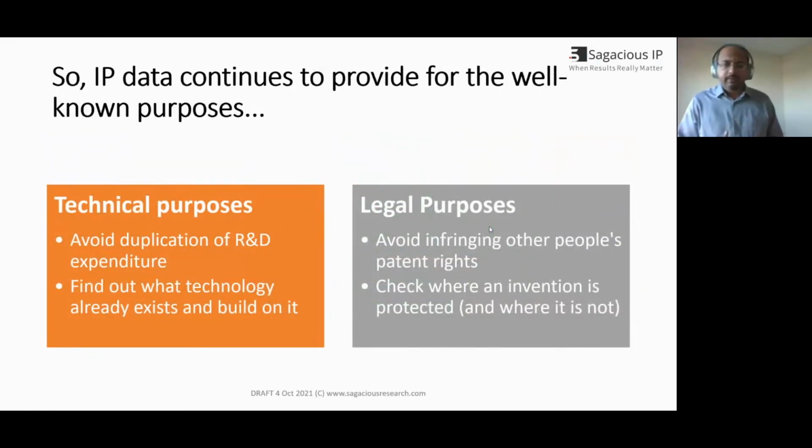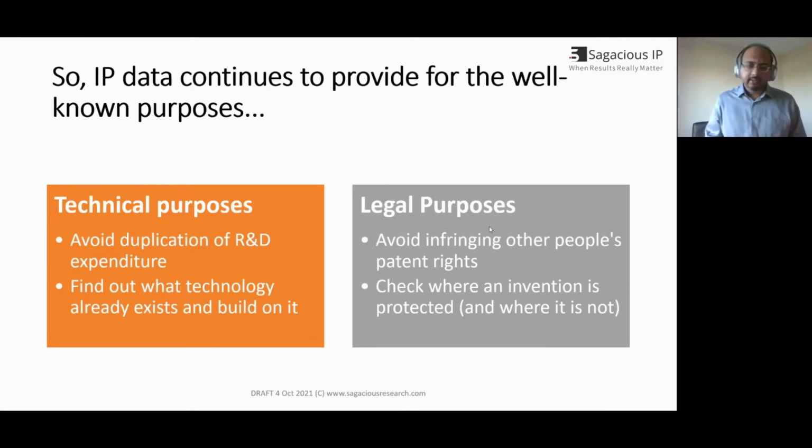The first and foremost is technical purposes, like what R&D I should focus on, what technology already exists, what I can reuse, what I need to research, what I need to build. Those are technical decisions.